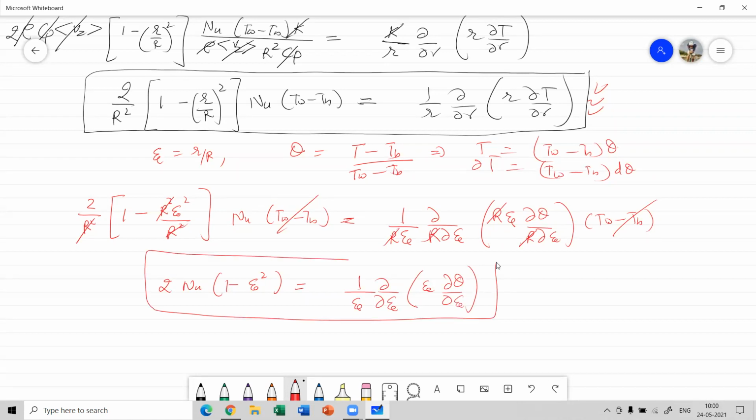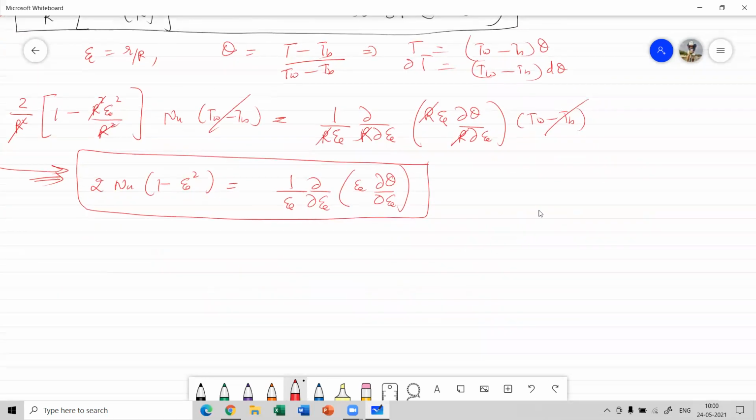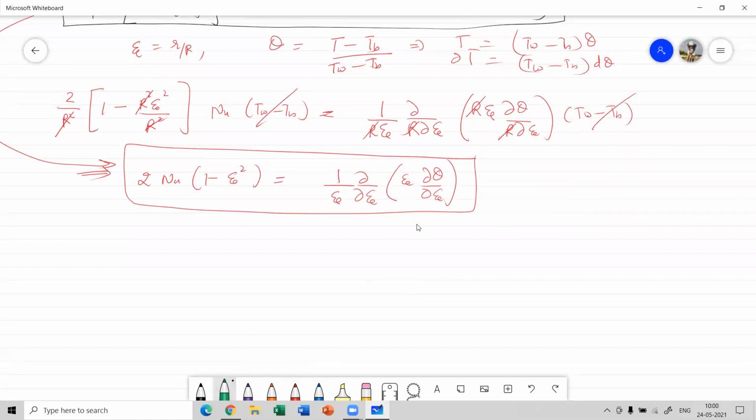So we have converted our expression in terms of dimensionless terms. Now this entire expression is in terms of dimensionless terms. Now let's try to solve this by using the boundary conditions.